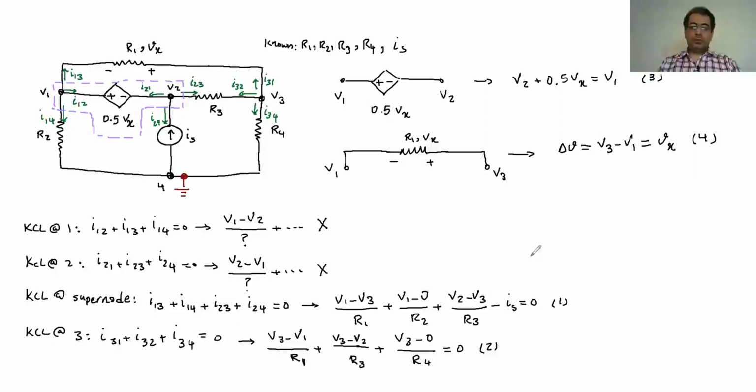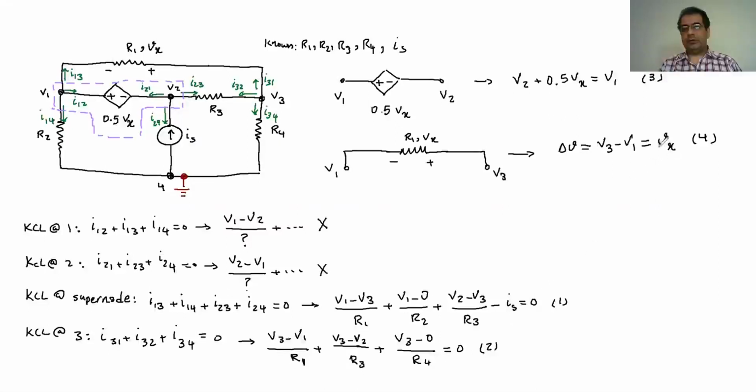So now if you look at here, we have four equations and we have four unknowns. And eventually, if we start to substitute them together, we can go ahead and solve this problem.